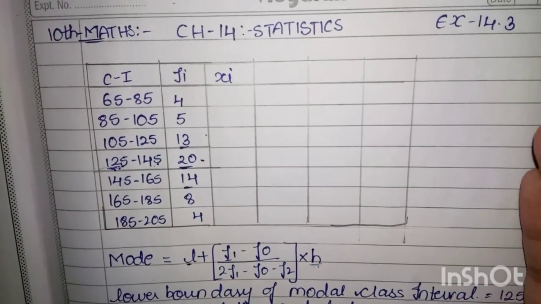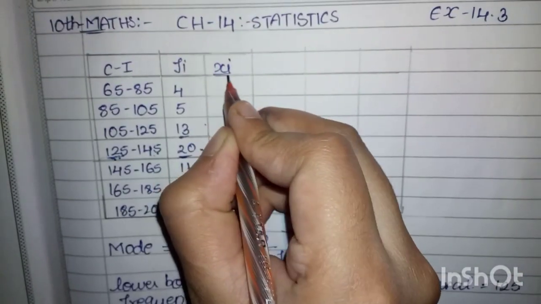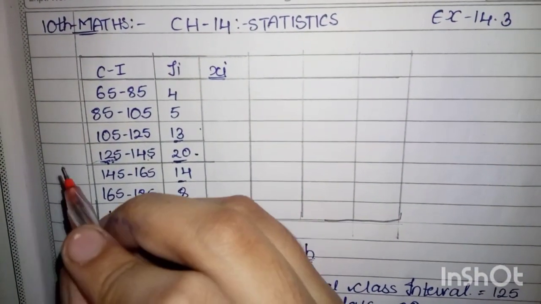So now let us find the mean of the data. For finding the mean, we need to find the xi. So xi is nothing but the mid value.